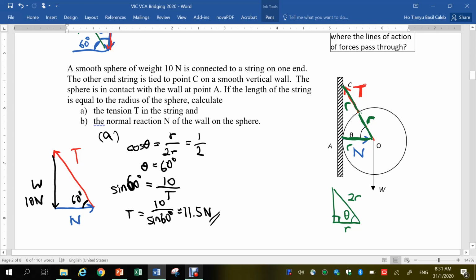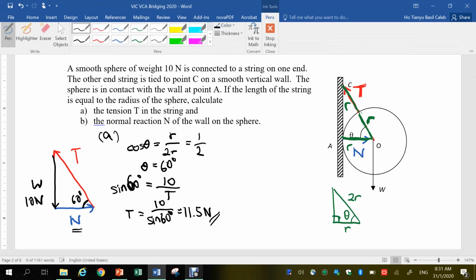For part B, we have to find the normal reaction force of the wall on the sphere. Once again, we are just trying to find the value of N here. So what can we do? Well, let's use tangent.